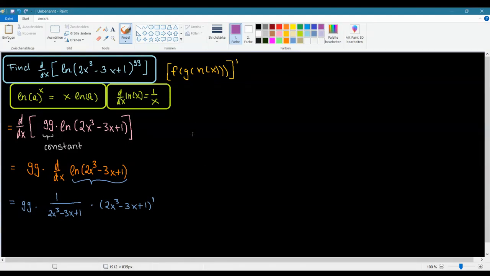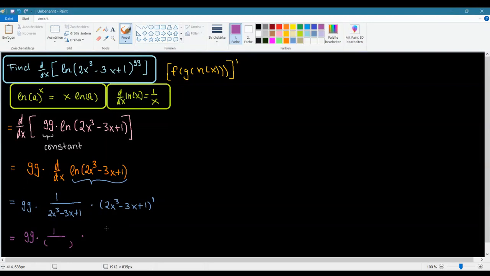So now we're going to end up with 99 times 1 over all of that. I'll write it in the final solution. We don't need to write it down 4 times though. 1 over all of that times, and now this is just addition and subtraction, and we know that for subtraction and addition, the derivative of a sum is just the sum of its derivatives.